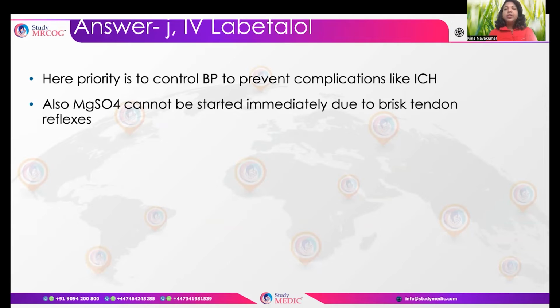But along with that, we need to think about other complications, especially the complications of severe hypertension like intracranial hemorrhage, which has a high maternal mortality as well as perinatal mortality and morbidity. So we need to control the blood pressure by starting intravenous labetalol.